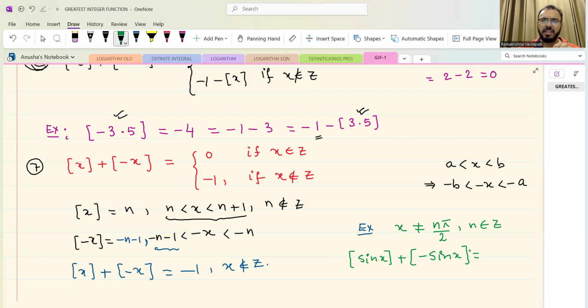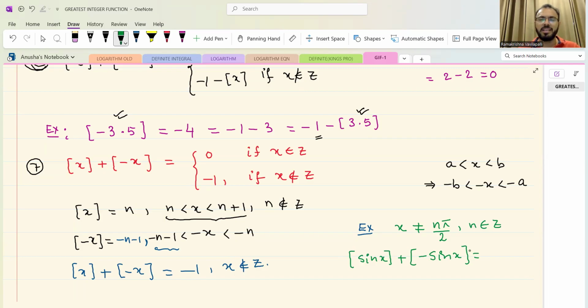Actually, at these values, sin x can be 0, 1 or minus 1. So sin x will be 0 when x equal to 0, pi, 2 pi, 3 pi, you can say like n pi. And sin x equal to 1 when x equal to pi by 2, 5 pi by 2, 9 pi by 2, etc. So x not equal to n pi by 2 is nothing but sin x is not an integer.